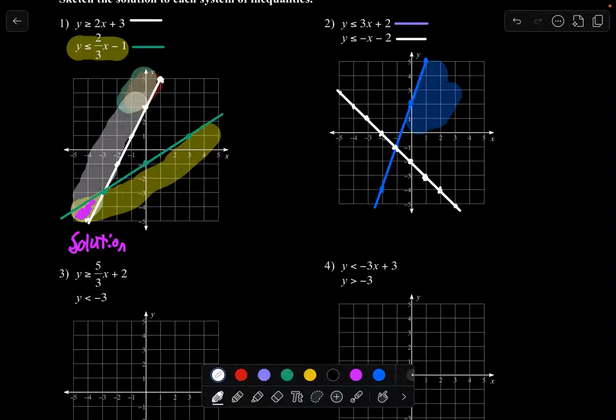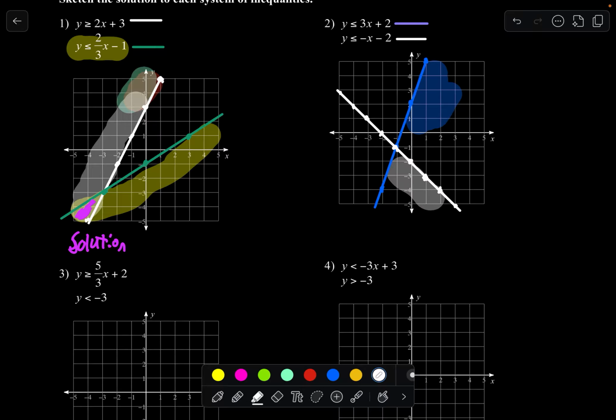Okay, so if this had been a system of equations, we would say that the point where they intersect is the solution right there. But this is a system of inequalities. So for the white line, we are looking for all y less than the y's on this line. So that means we shade below.